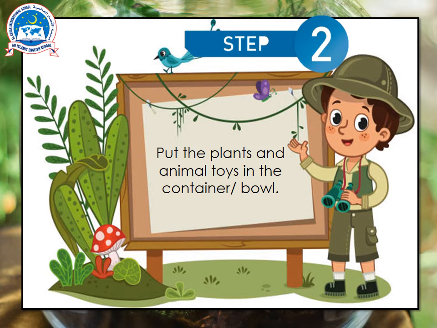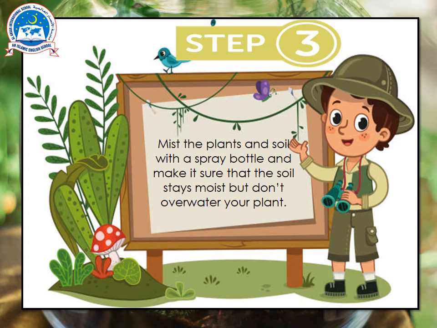Step 2, put the plants and animal toys in the container. So carefully put some artificial plants and some toy animals in your container, keeping in mind which animal likes what plants near it. Okay, you can show your creativity.